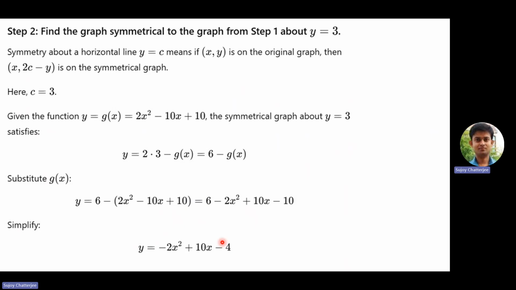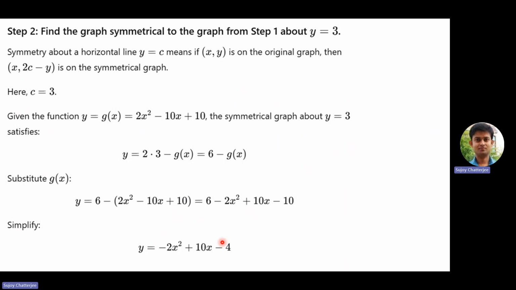The next step is to find the graph symmetrical to the graph from step 1 about y equals 3. So now the line is y equals 3, but we have to find a graph symmetrical to the graph from the previous step. So symmetry about a horizontal line y equals c means if (x, y) is on the original graph, then (x, 2c minus y) is on the symmetrical graph, isn't it? So here c is equal to 3.